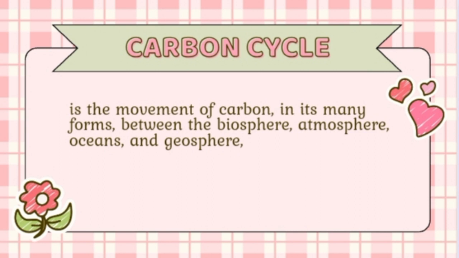Another major exchange of carbon dioxide occurs between the ocean and the atmosphere. The dissolved carbon dioxide in the ocean is used by marine biota in photosynthesis. Two other important processes are fossil fuel burning and changing land use.